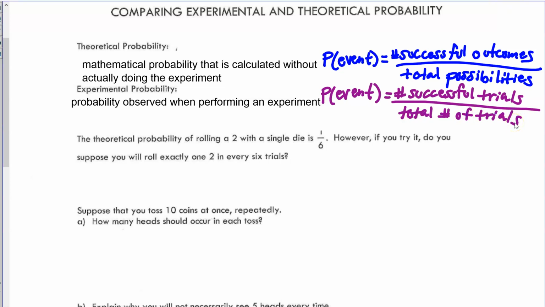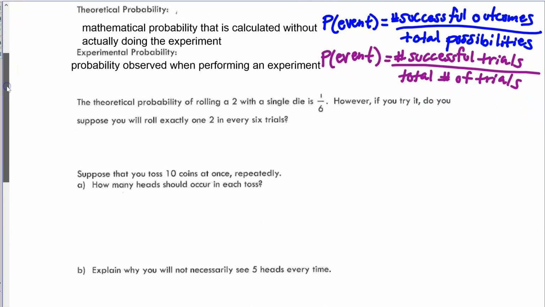Okay, so experimental is when you actually do the experiment, and theoretical is what should happen, without actually performing the experiment. So the theoretical probability of rolling a 2 with a single die is 1 over 6. Right? 6 outcomes on a die, one of them is a 2. However, if you try it, do you suppose you will roll exactly one 2 in every 6 trials?